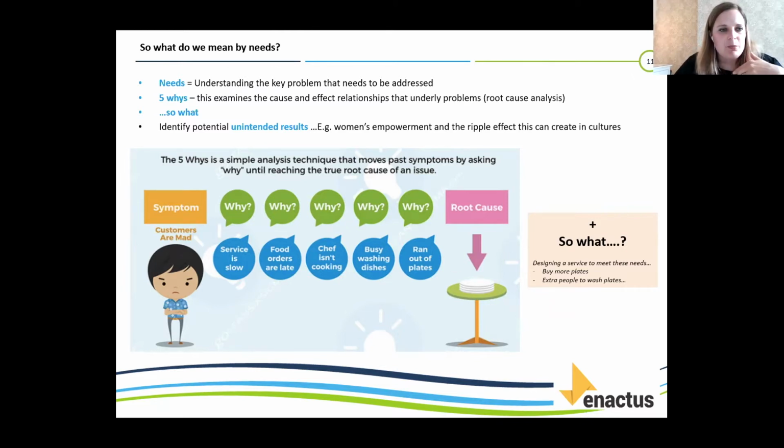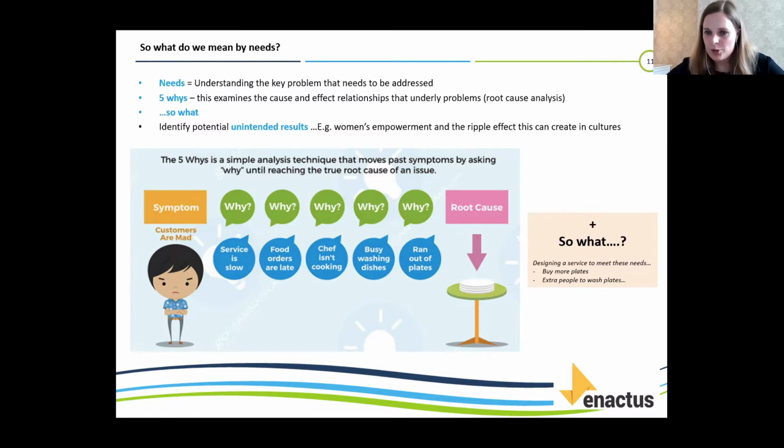Now, the other thing is that when you've found your solution, you'll have intended outcomes for the beneficiaries, your target groups, but you might also have some unintended results. In this example, it could be that we've bought more plates, but actually we've now got a lot of dirty plates. So we'd need to think about how we could overcome that. And that would be an unintended outcome.